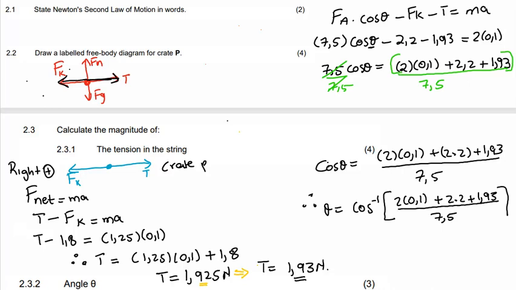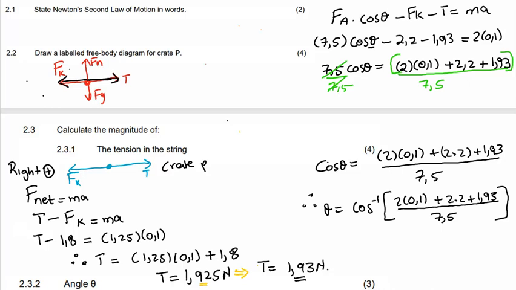The answer that you get there should give us the angle theta. I hope we did not make any mistakes. So now let's punch this on the calculator. We are looking for the cos inverse. Then we have 2 multiplied by 0.1 inside the bracket. Then we're going to add 2.2, we add 1.93, and then what's next?